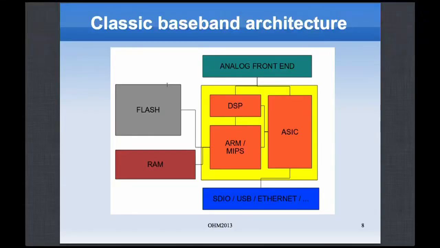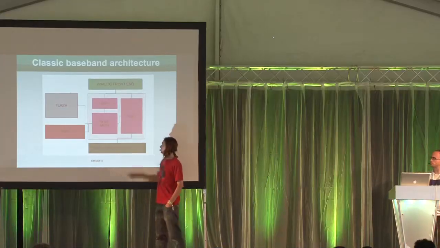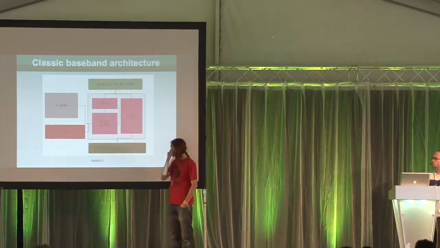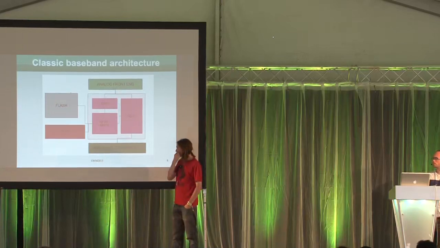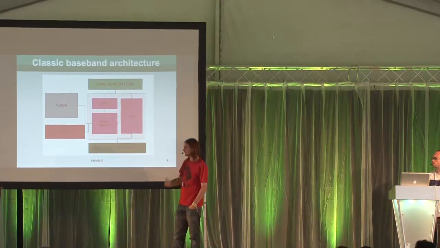It's a generic scheme. So you have a flash and a RAM, and inside the system on chip, which is the only part we will analyze, you have a simple processor, generally ARM or MIPS. MIPS is generally chosen when it's plugged into the power supply because it consumes more than ARM, but ARM is more expensive.